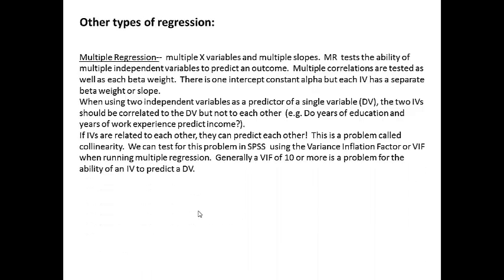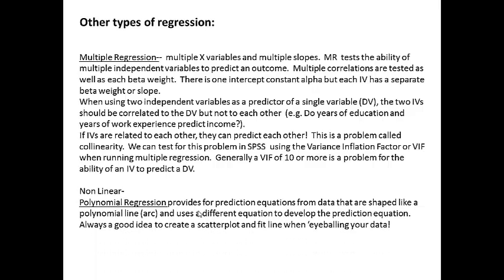If 2 independent variables are related to each other, they can predict each other. This is a problem called collinearity. We can test for this problem in SPSS using the variance inflation factor, or VIF, when we run a multiple regression. Generally, a VIF of 10 or more is a problem for the ability of one independent variable to predict another.